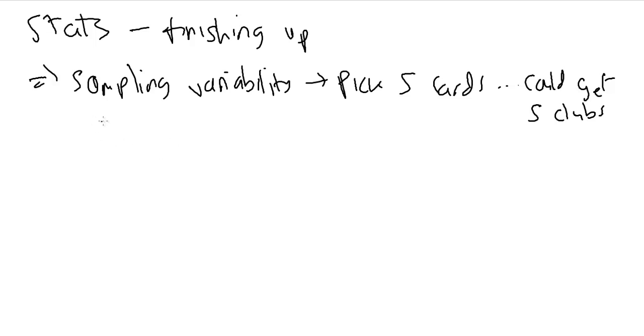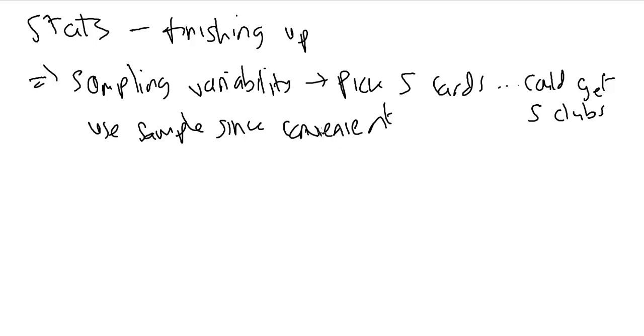I use a sample since it's convenient. It's cheaper. It's practical. It's far more practical. But there is this random element that if I did pick 5 cards, I could, with a 1 in 1,000 chance, end up with 5 clubs.